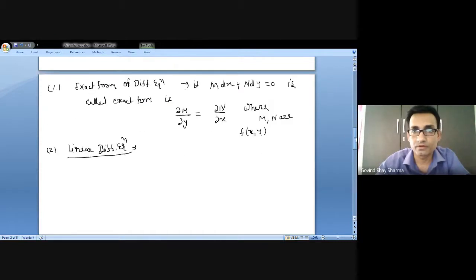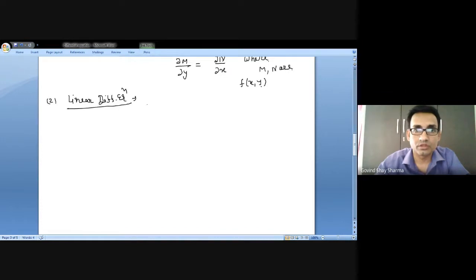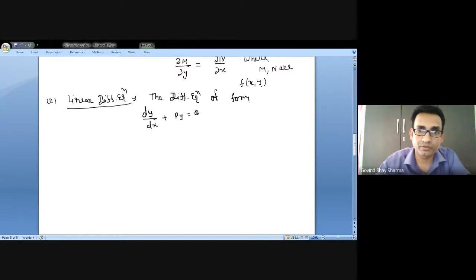Okay, the differential equation of the form dy upon dx plus py is equal to q. Here q is a function of x. This type of equation is called linear form of differential equation, first degree linear differential equation.